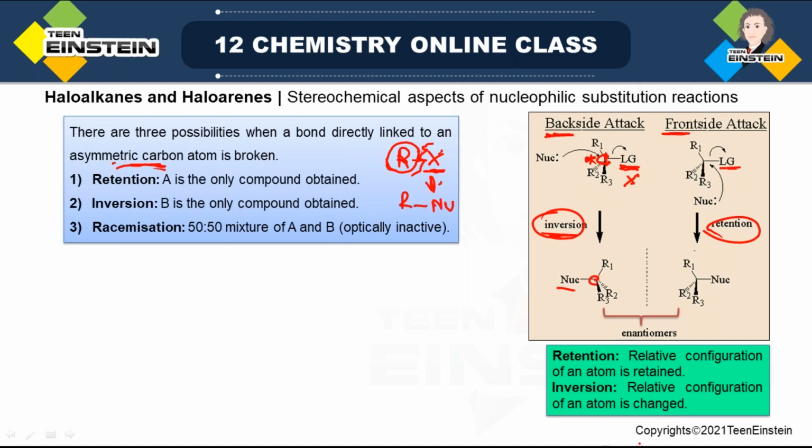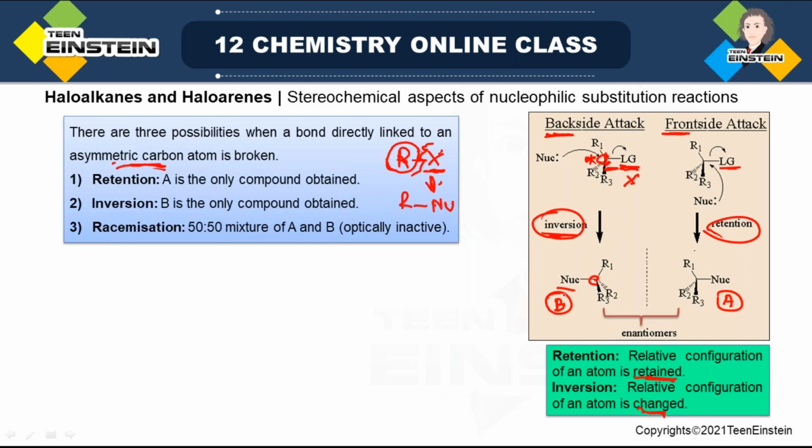Inversion is basically where the relative configuration of an atom, which atom, this carbon, is changed, but when it is retained, that is not changed, then it will be called retention. So here retention is there when A is the only compound obtained. This is A and this is B, and if B is the only compound obtained, then you can call that in this mechanism only inversion is going on.